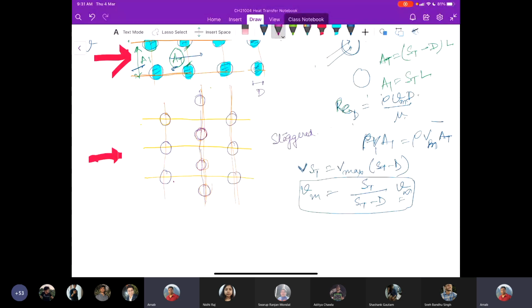This is again the same distance we are mentioning as SL. This is again the ST. And this center to center difference is SD, the diagonal pitch.